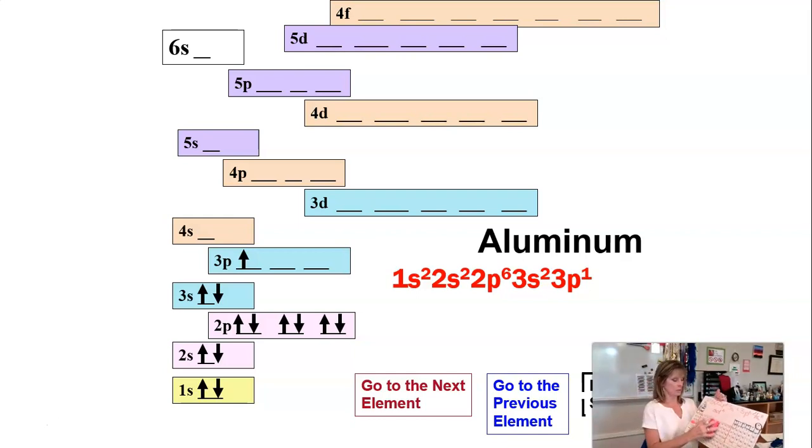This will be the 3d block. This will be the 4D block, 5D, 6D. Okay? Down here in the F block is messed up too. Remember how I said the fourth energy level will have the S's, the P's, the D's, and the F's? Go back a few slides and you'll see that. Okay?